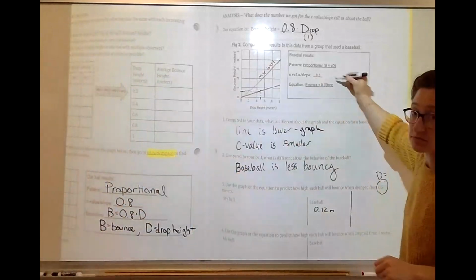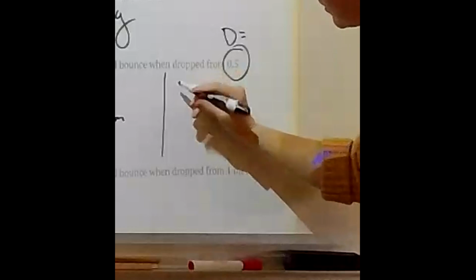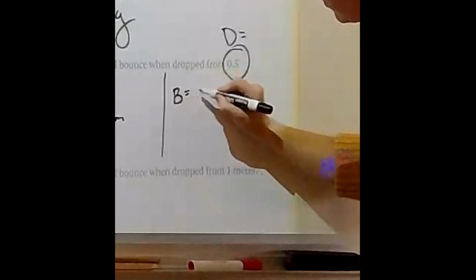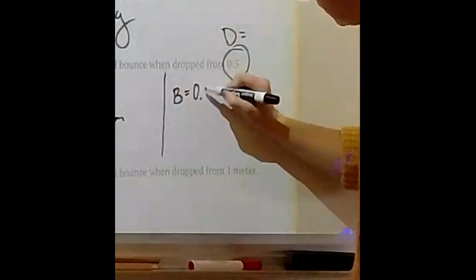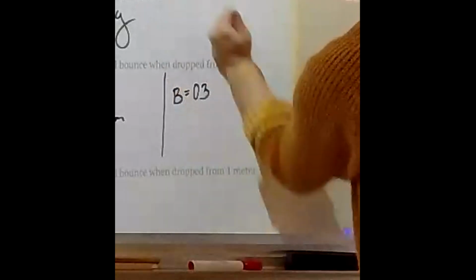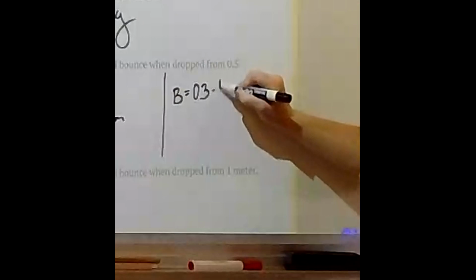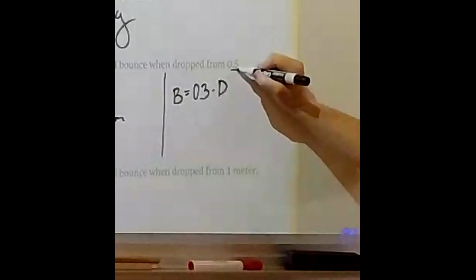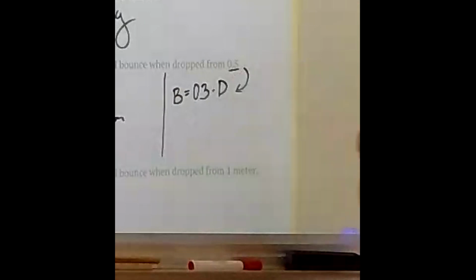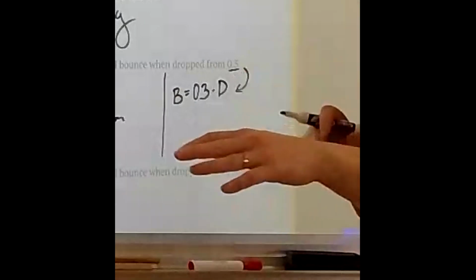Here's my equation. Bounce equals 0.3 times drop height. I can then plug in the value that I'm told the ball has been dropped from.